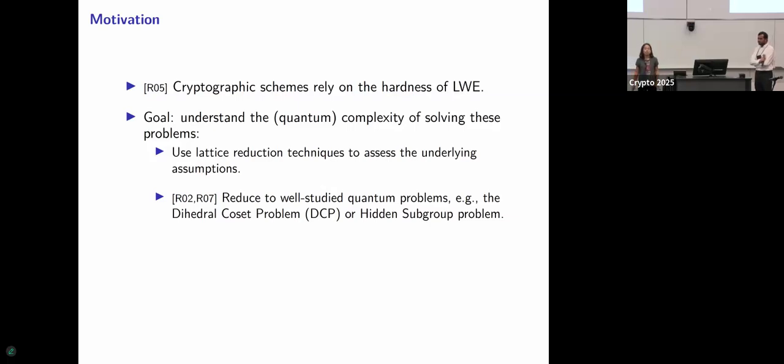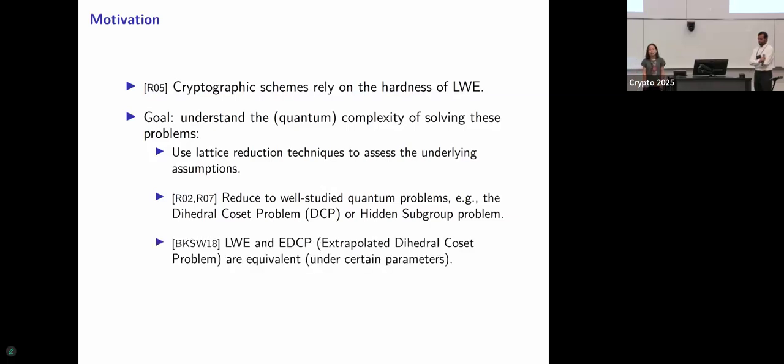We are interested in the second approach because in 2018 there was a paper of Brakerski, Kisanova, Stehlé, and Wentz. They showed that there is an equivalence between learning with errors and the extrapolated dihedral coset problem, where the extrapolated dihedral coset problem is just a generalized version of the DCP under some certain parameters.